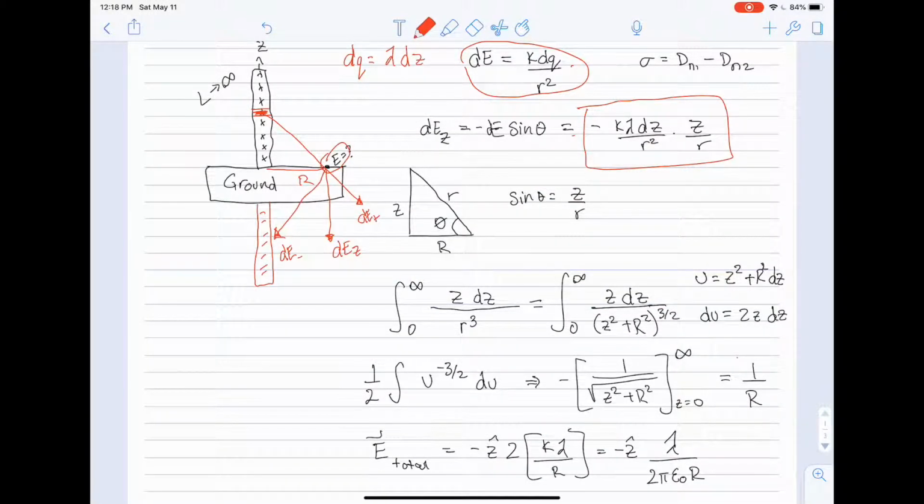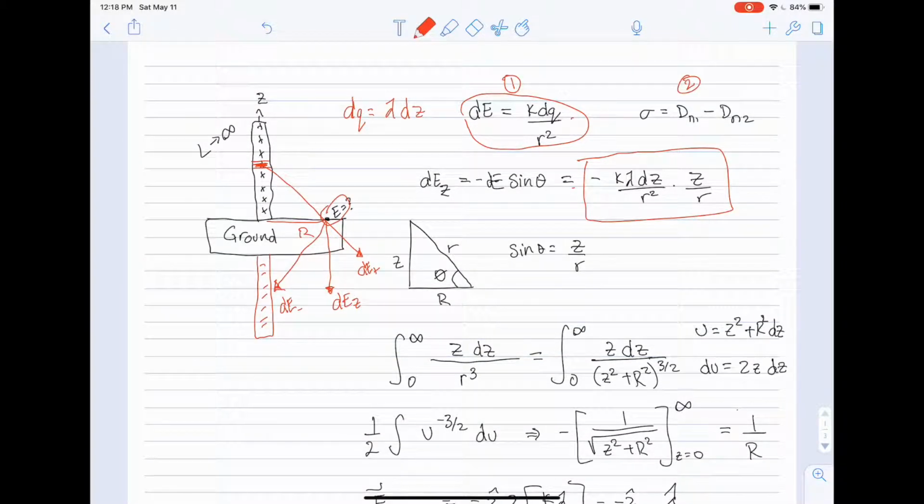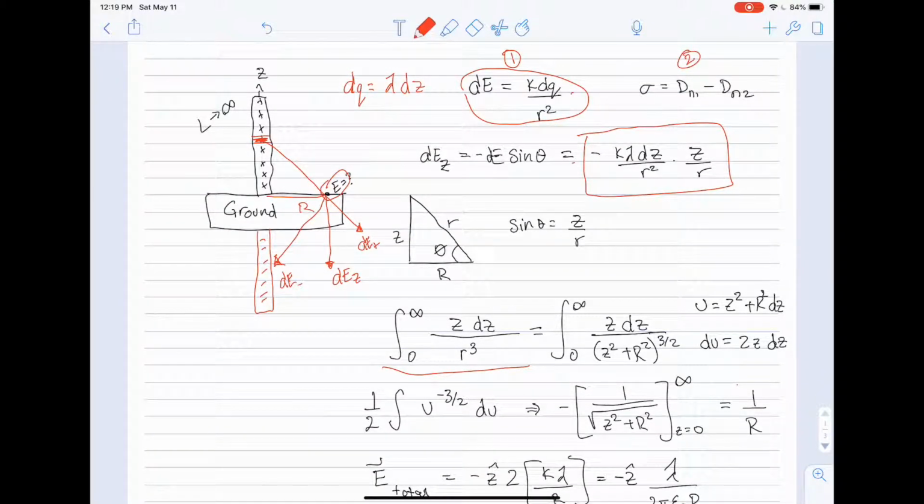Now, having that equation, we'll take the integral from 0 to infinity, and we'll come down right here. There is still negative k lambda out here, but we'll take care of that at the end.